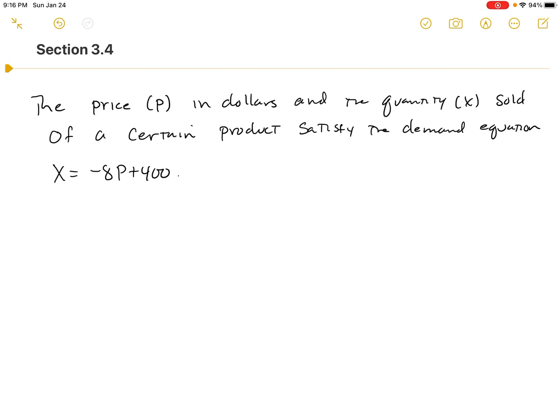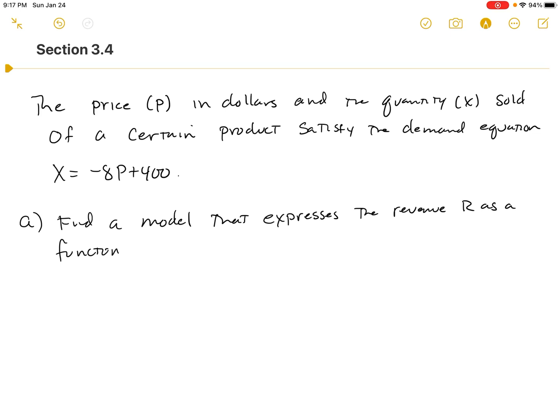And so the first question is, and I'll label it A, they will ask us to find a model that represents, or that expresses is the word that they use, the revenue R as a function of P. And they'll remind you that R, the revenue, is simply the number of units sold times the price.